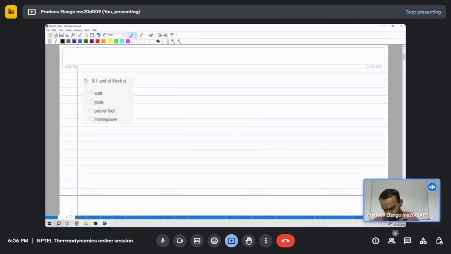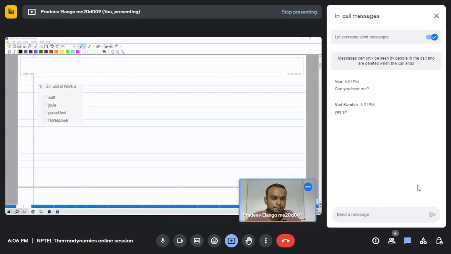So the first question is, SI unit of work is watt, joule, pound foot, horsepower. If you know the answer, you can ping in the chat box. SI unit of work.